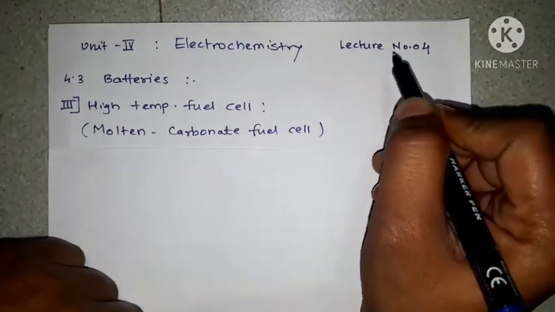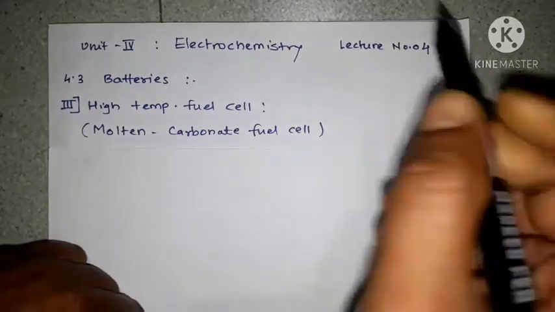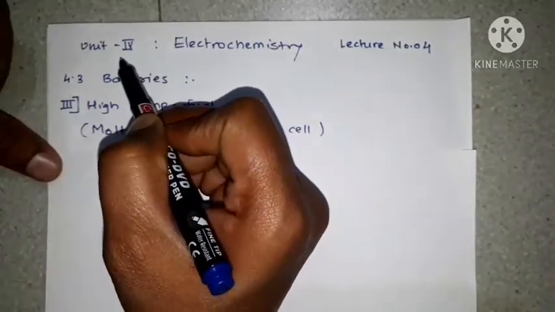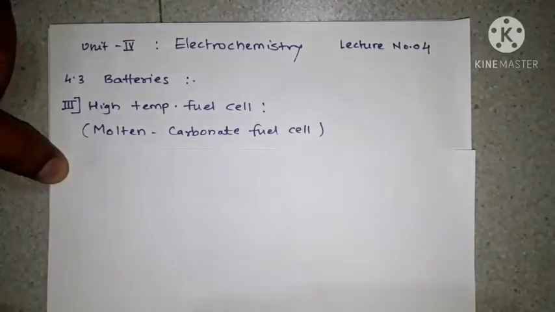So, today we are going to see lecture number 4 from electrochemistry, that is, unit number 4 from physical chemistry.